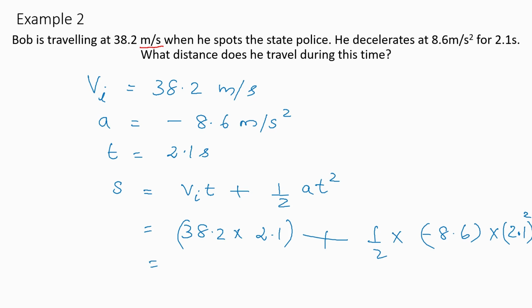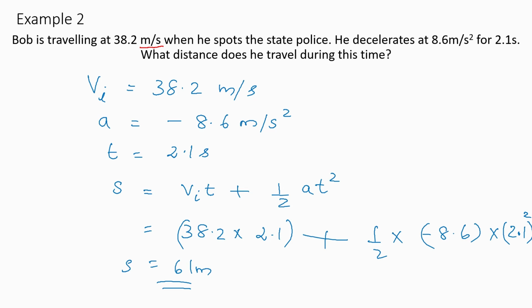On solving, we get S is equal to 61 meters. So Bob, when he started decelerating at a rate of 8.6 meter per second square from a velocity of 38.2 meter per second, in a period of 2.1 seconds, traveled a distance of 61 meters.